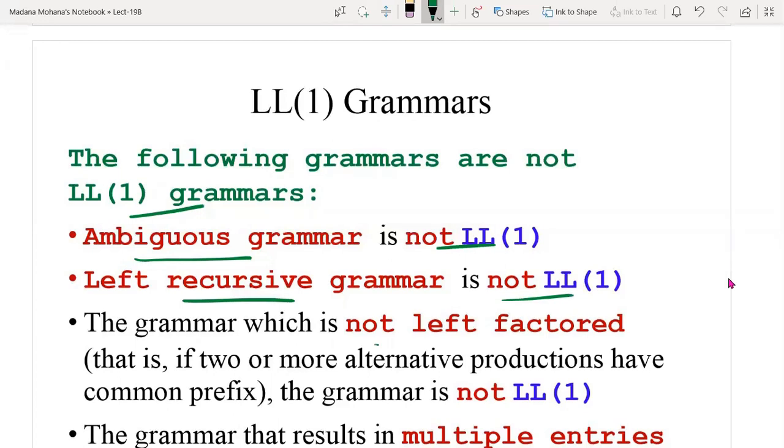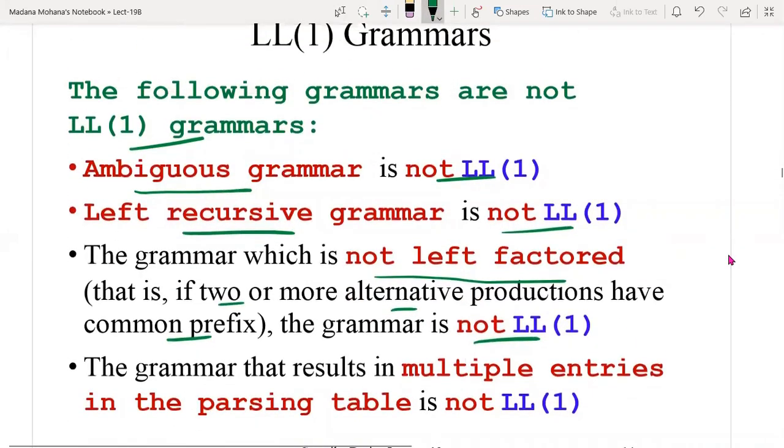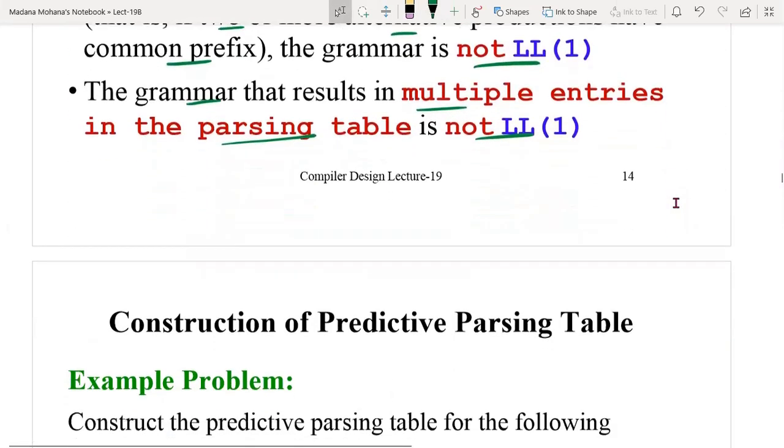Then the grammar which is not left factored, that means if two or more alternative productions have a common prefix, that is non-left factored, so the grammar is not LL1. Then a grammar that results in multiple entries in the parsing table is also not LL1. So these are some examples which are not LL1 grammars.